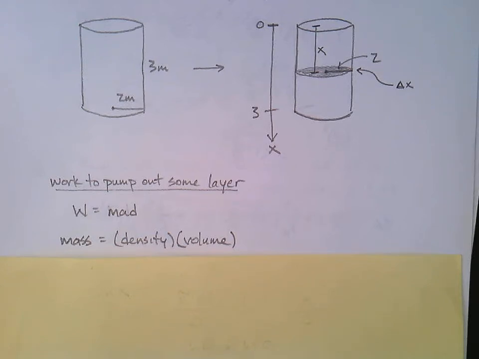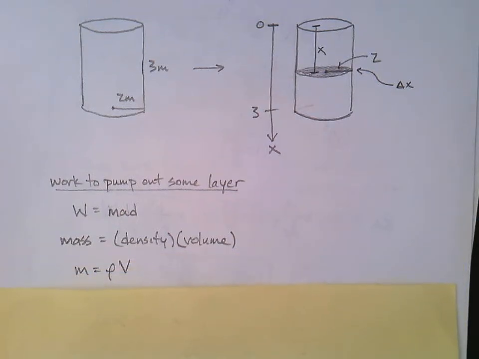If you have the amount of volume of some fluid or some substance, multiply it by its density, that's how massive it is. Hopefully that makes sense to you. So if something is very, very heavy for its size, it's very dense, well, it's got more mass than something that is less dense, even though it might be the same volume.